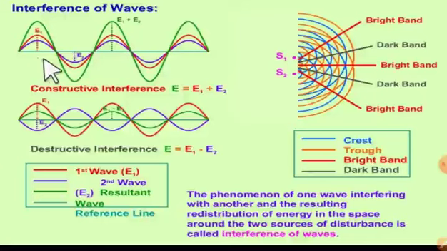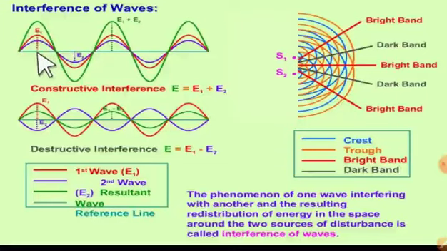So when one crest coincides with the crest, or one trough coincides with the trough of another wave, then what happens? Due to the superposition principle, the amplitude of the resulting wave will be the addition of the amplitudes of the individual waves.